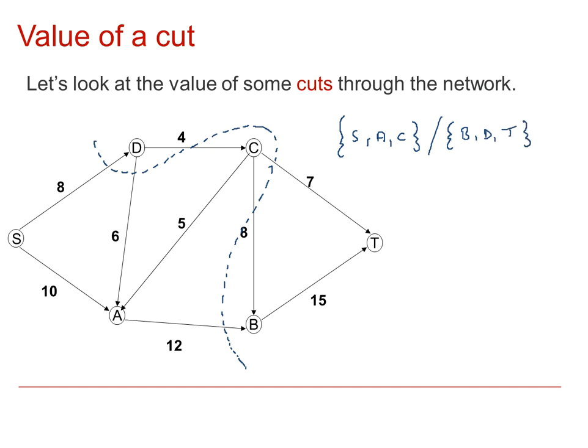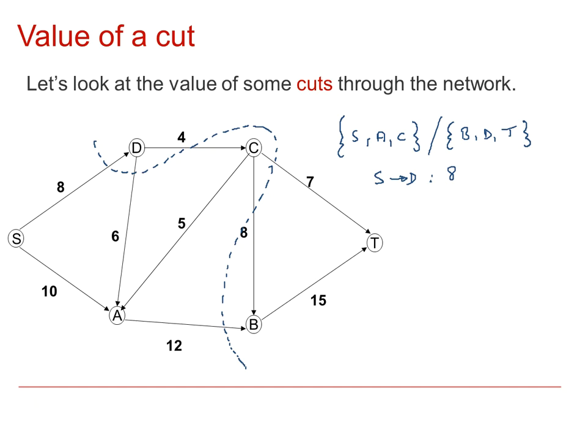Now in these you have to be particularly careful to make sure that you get the correct thing. So for example, the 4 going from D to C, that's actually going from the sink set into the source set. So the ones that we're then looking at across the cut, we've got from S to D, that's going from the source set into the sink set. So we've got S to D is in the right direction, 8.